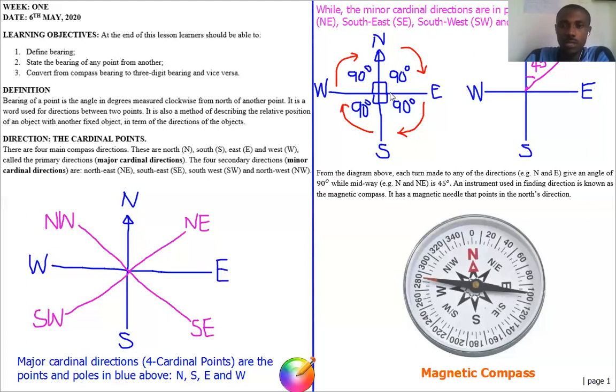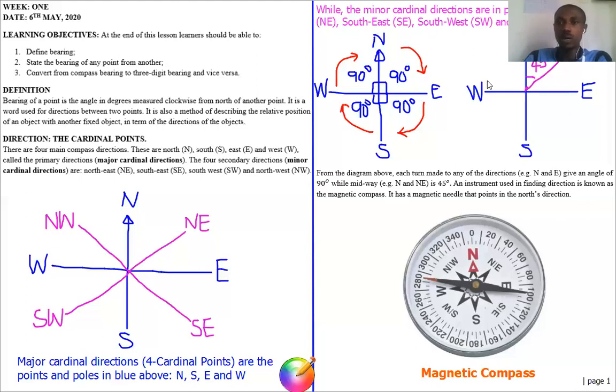The angle between the east pole and south pole is also 90 degrees. The angle between the south and the west pole is also 90, and the same goes for the west and the north pole. So in total, when one moves from the north pole through the east, south, west, and back to the north pole, it means the person has moved 360 degrees.